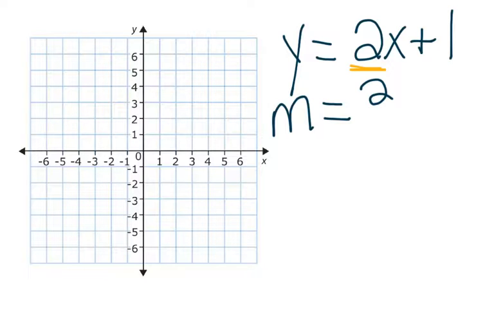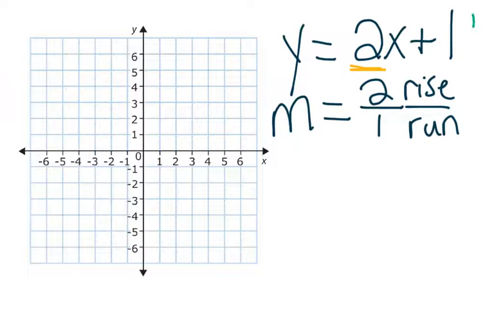Again, I kind of got interrupted. I had to pause the video. The slope is 2. So the m is equal to 2. Every whole number has a 1 underneath it that is understood. It's something we don't write on every whole number, but there is a 1 underneath. So this is our rise, and this is our run.